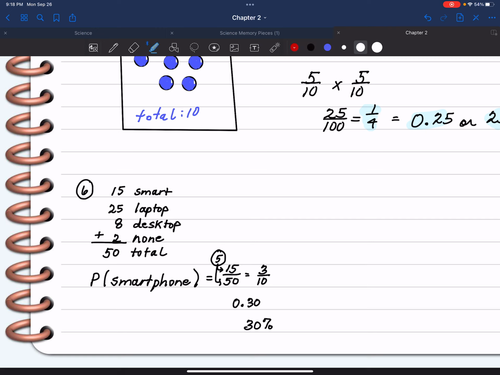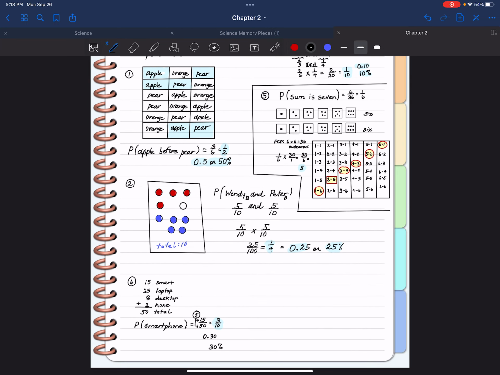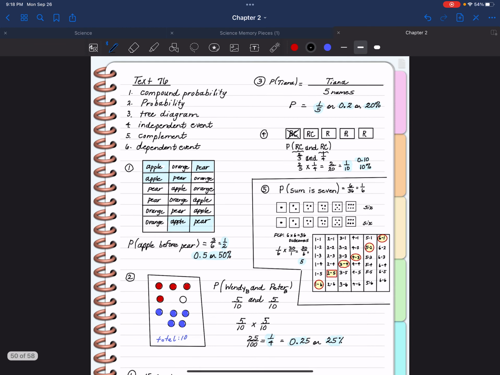All right, let me check these before we move on. And I think I'm just going to go back to the beginning there at text 76. Okay. All right, so here we go.